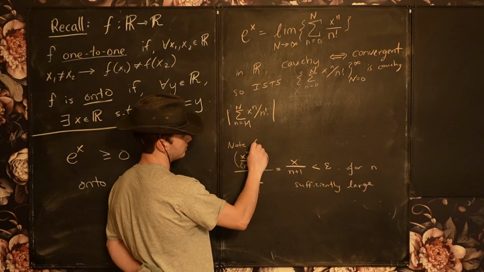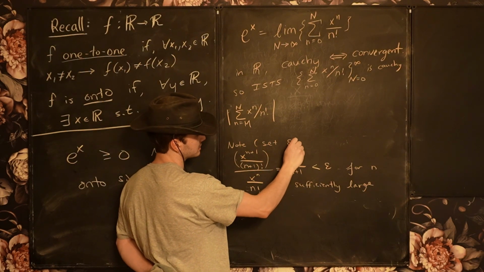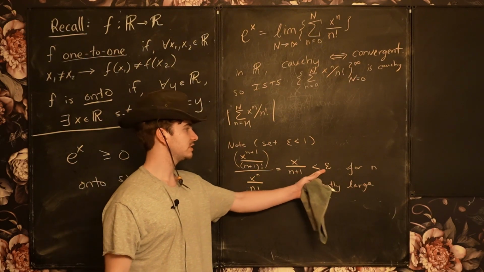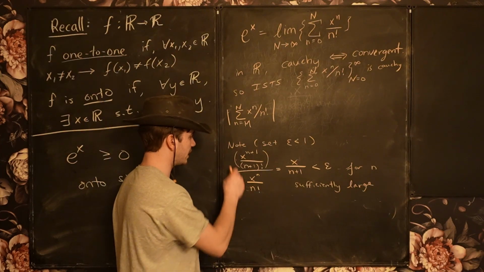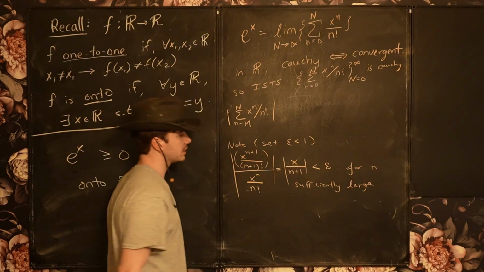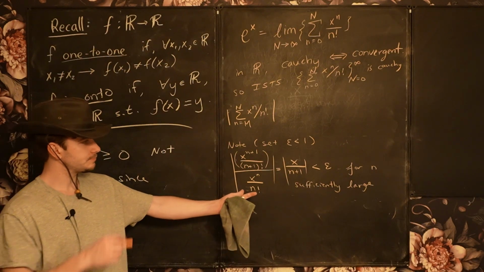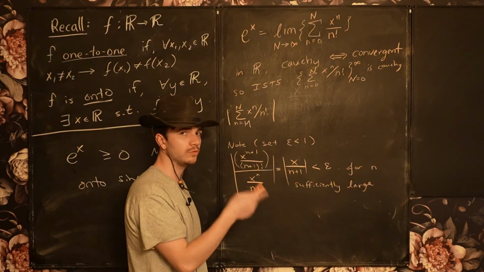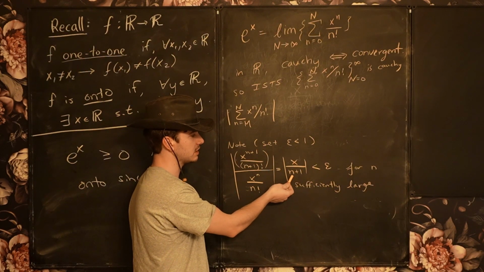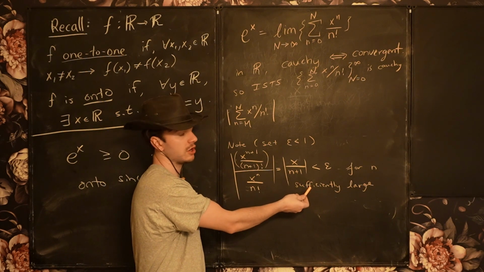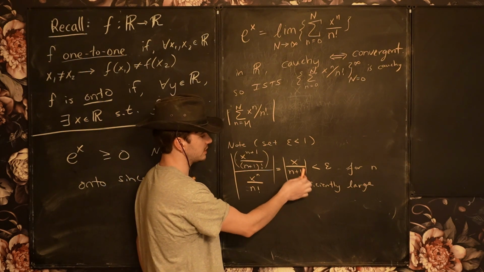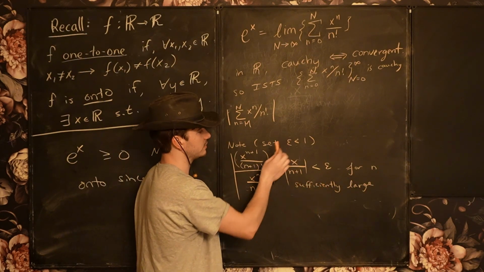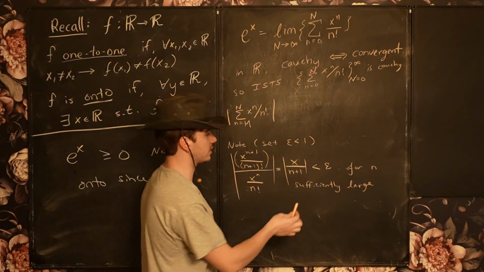Here I want to set epsilon strictly less than 1, otherwise this is kind of useless to me. Let me make sure I have absolute values here. This is because of the Archimedean principle, which states that 1 over n goes to 0. So for fixed x, this inequality is a direct consequence of the Archimedean principle of the natural numbers, and that tells me I can choose n large enough such that this fraction is less than epsilon for any choice of epsilon, but we're just going to set epsilon to be less than 1. It's kind of arbitrary here.